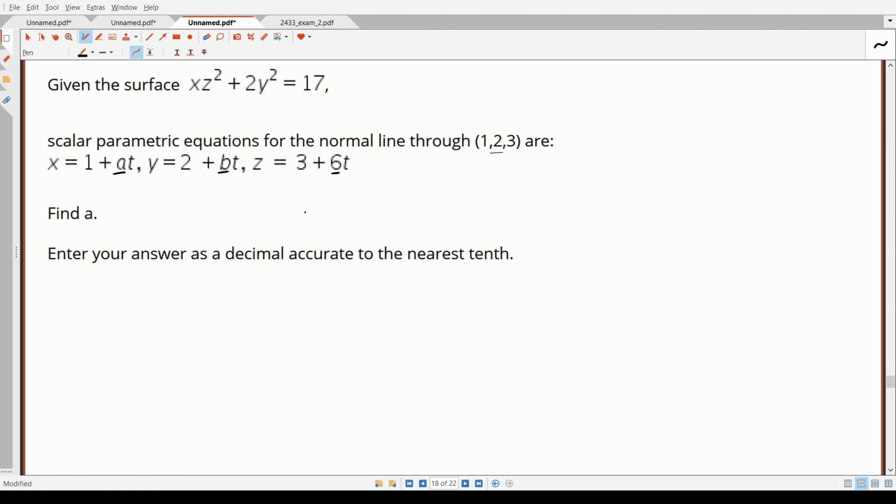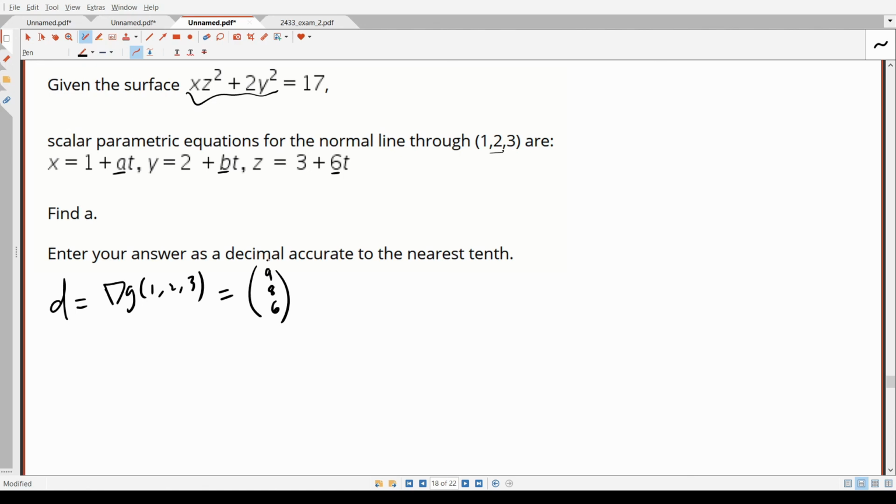And for us, the direction vector of this line is going to be the gradient of this function at this point. We already did this computation. It's the gradient of g at 1, 2, 3, which is 9, 8, 6.